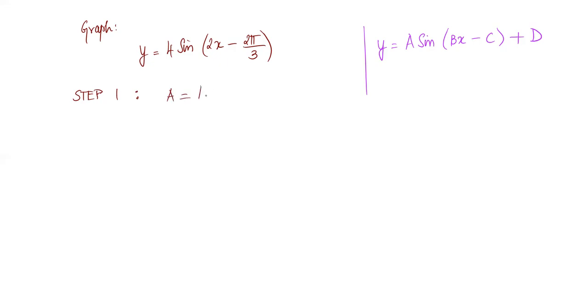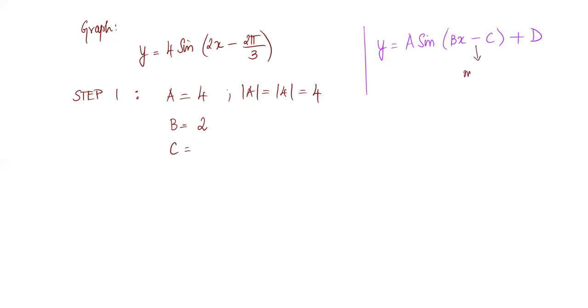A is 4. Absolute value of A is absolute value of 4, which is 4. So it's going to go up and down 4. It's going to go up first. You can see that. B is 2 because it's a coefficient of x. In this case, we have C. C is in the minus form, so that is good because you have to maintain that minus.